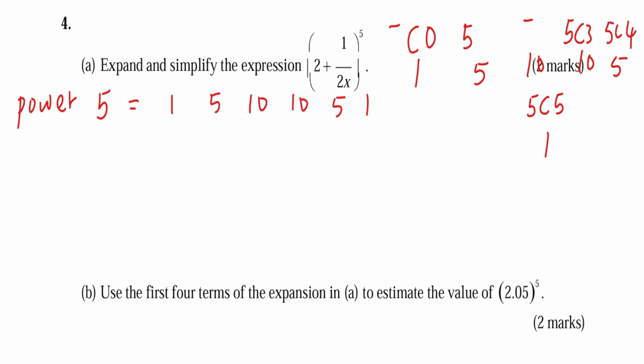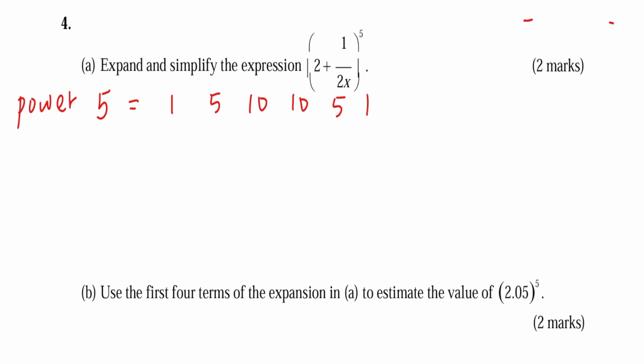After that, once you know your coefficients, you come to the expansion; you need to expand this out. What we know about binomial expansion is that the first number usually starts with power 5, then it gets reduced until power 0.